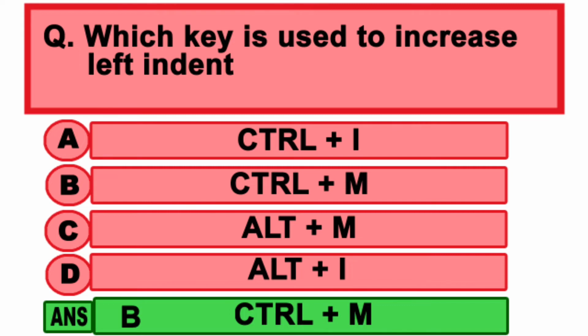Alt M: in Excel, Alt M opens Formulas tab in the ribbon. In MS Word, Alt M opens Mailings tab in the ribbon. Alt I opens the Insert menu. The correct answer is answer B. Control M.